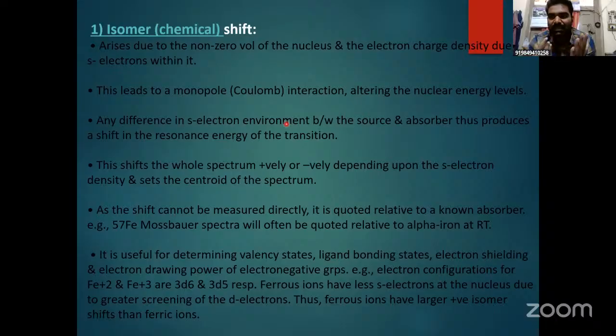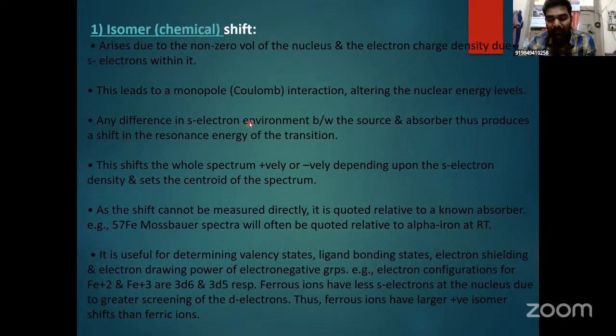The position of the observed resonance line is changed, and that is the isomer shift. Since there is a chemical environment alteration, the isomer shift is also called the chemical shift. It is an electric monopole, or Coulomb interaction, between the nucleus, that is protons, and electrons.